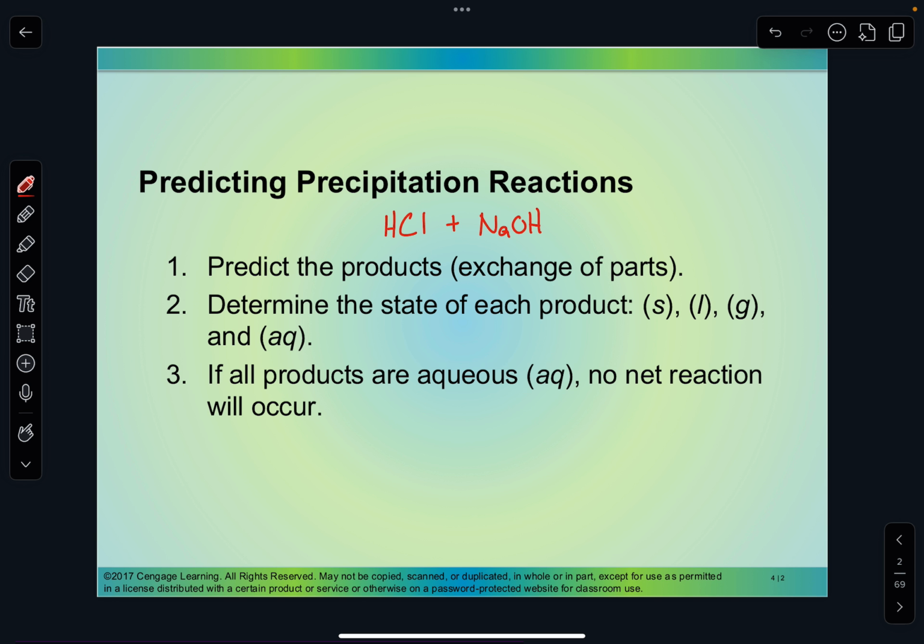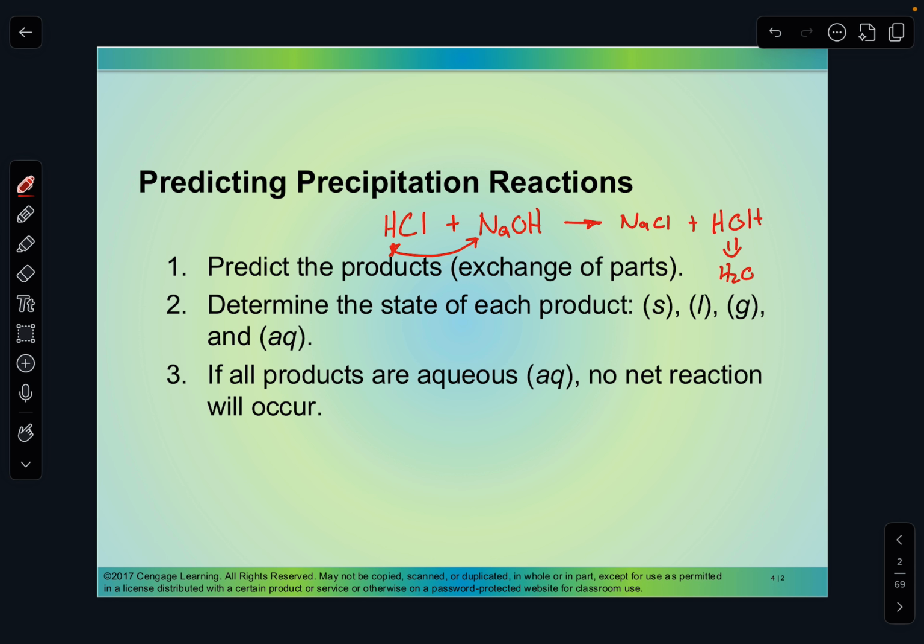This is going to be a double replacement reaction. We have two different cations, so it's going to be like that. And so we can predict what the products are going to be, and we end up with NaCl plus HOH, which is also known as H2O. And so this is a prediction of the products.